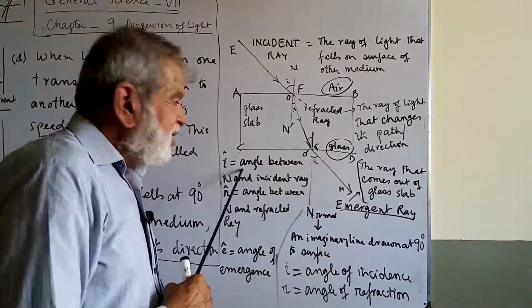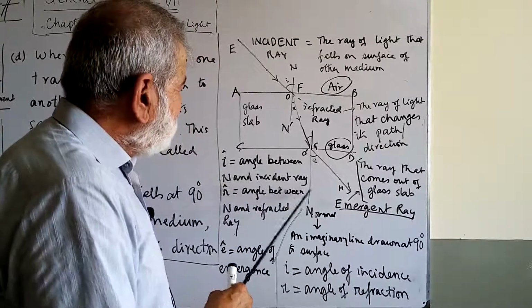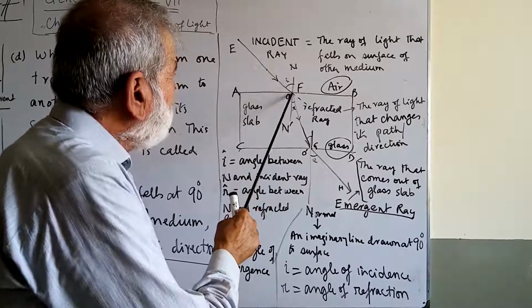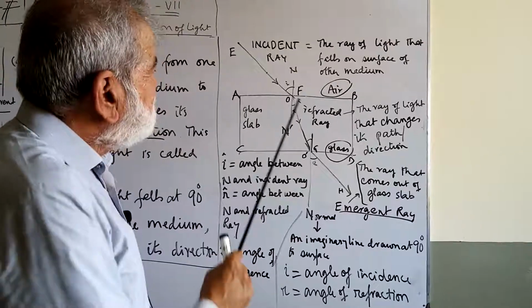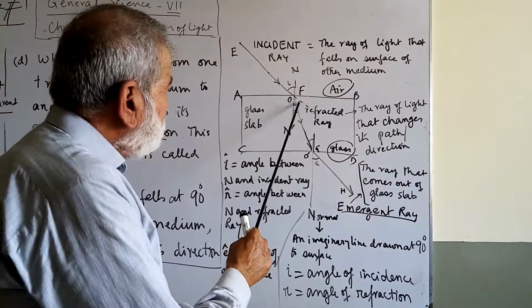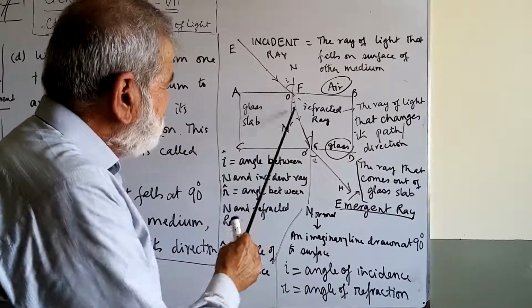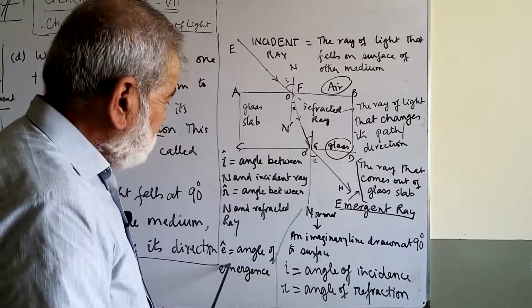What is I? The angle between the normal and the incident ray. The angle between normal NO and incident ray is known as angle of incidence. So I is the angle of incidence. What is R? The angle between the refracted ray and the normal at the point of incidence is known as angle of refraction. And what is angle of emergence?